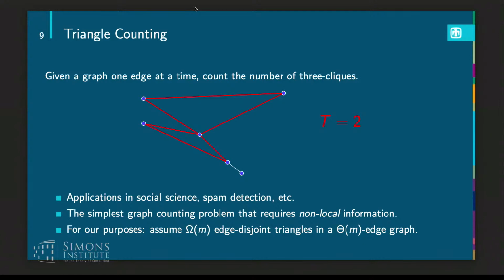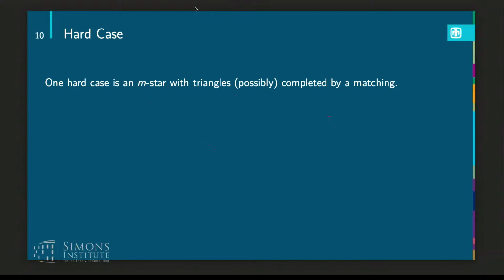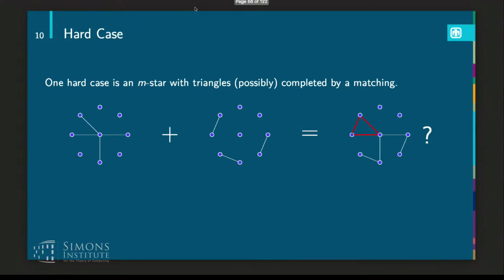In this setting, the hardest situation is that all of your triangles share a single vertex. Specifically, what makes these graphs hard is when you receive them as a very large star followed by a collection of edges that may or may not complete the neighbors of this star into triangles.